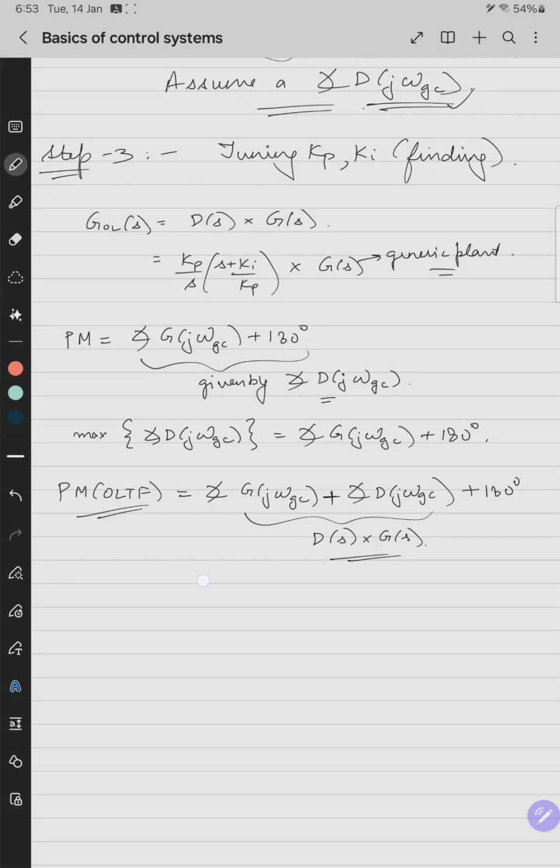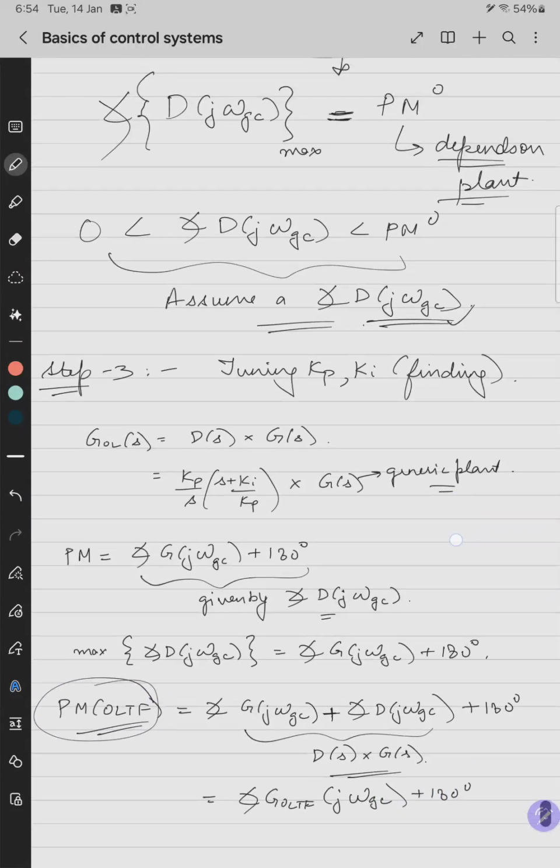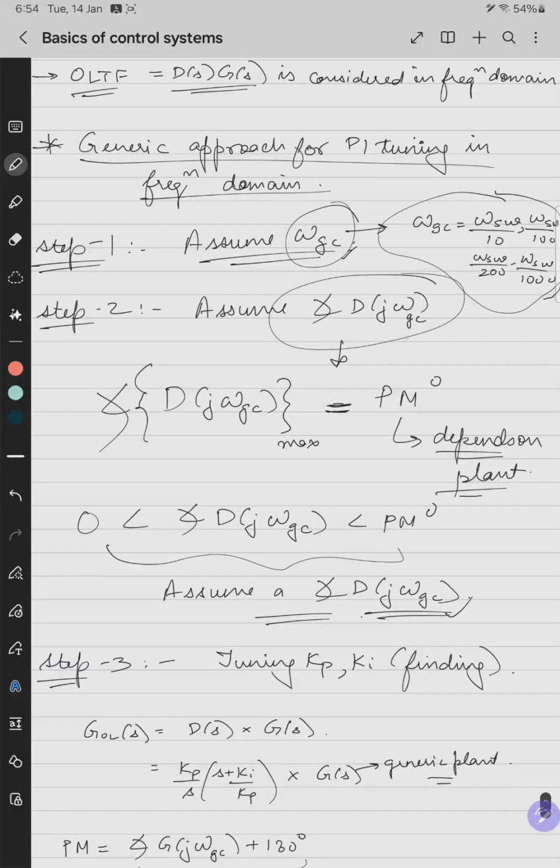Or you can write it as the angle of G OLTF at j omega gc plus 180 degree. Now what is this PM at OLTF?